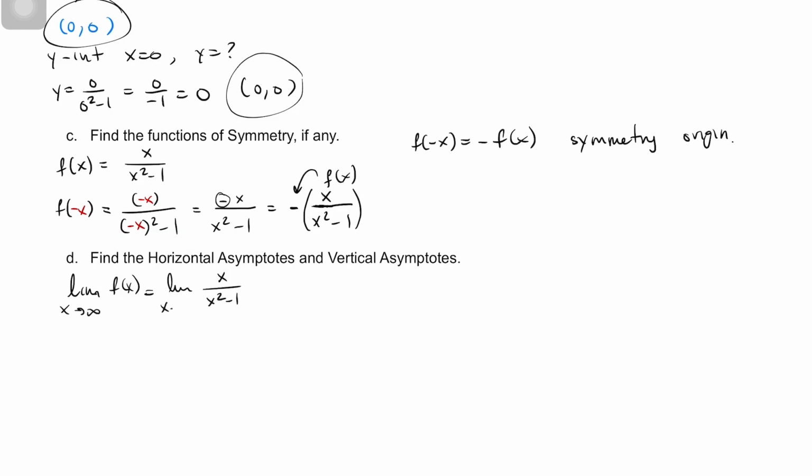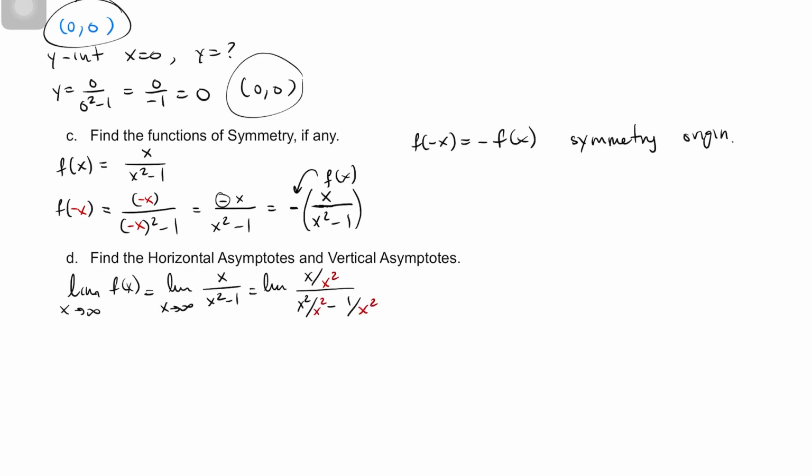What we're going to do here is divide both the numerator and the denominator by the variable term with the highest power, x squared. So we're going to divide both top and bottom by x squared.